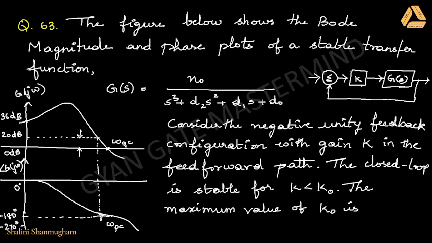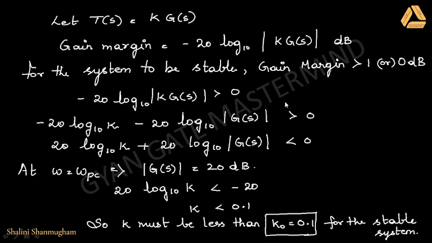So the corresponding magnitude will give you the gain margin. So this is the gain at the phase crossover frequency, which is 20 decibels.